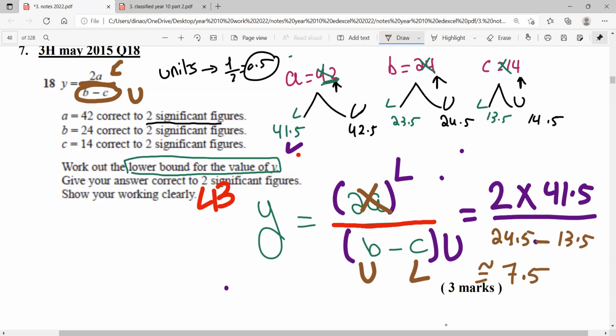So in this question, as you can see, we have two operations, not just one. We have to start with the division because of the order of operations.